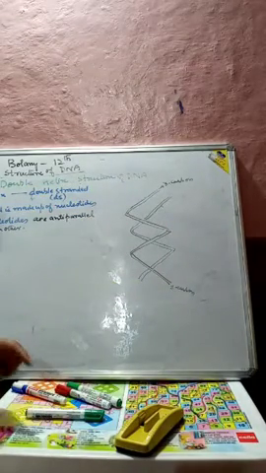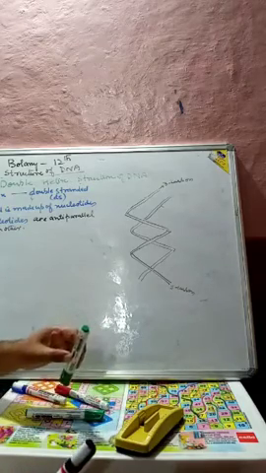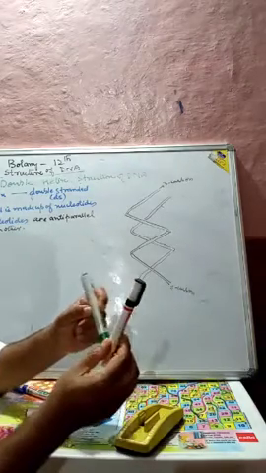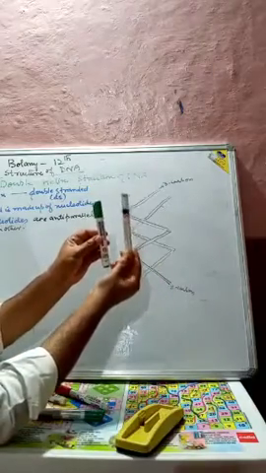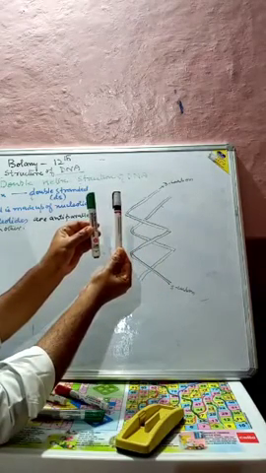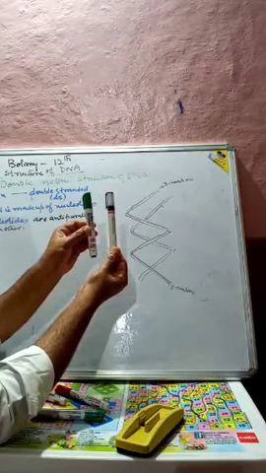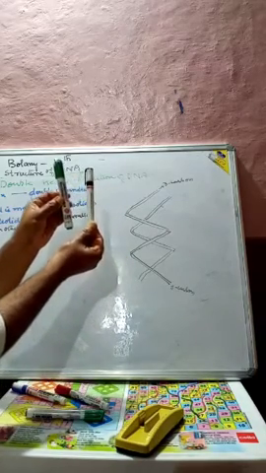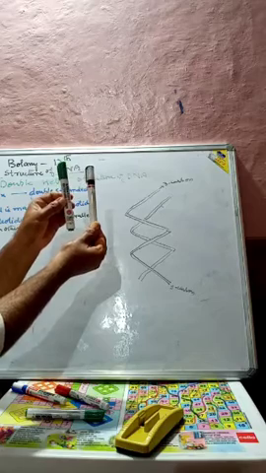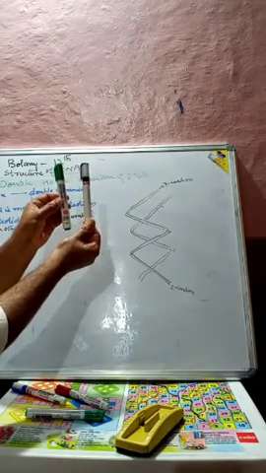Now parallel simply means that the strands do not cross each other. This is one strand, this is the second strand, but they do not cross each other, and they are equidistant from each other. The distance between them is the same.